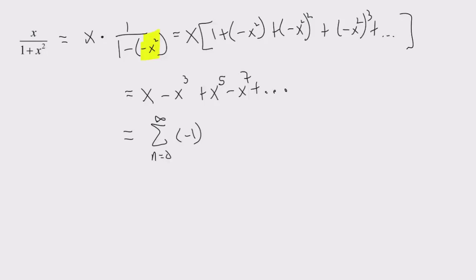So if I put an n in, that would give me negative 1 to the 0, which is 1, so the first term would be positive, and then negative 1 to the first power would be negative, negative 1 squared would be positive. So negative 1 to the n would in fact give me the correct alternating sign pattern. And then I need just a formula that'll generate the odd exponents, 1, 3, 5, 7, and a pretty standard 2n plus 1 will generate odd numbers for me. So there is our expansion of x over 1 plus x squared.